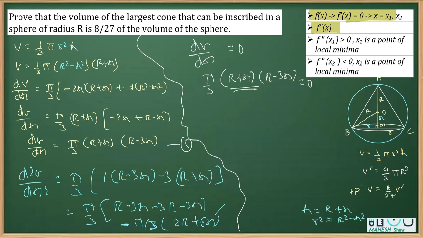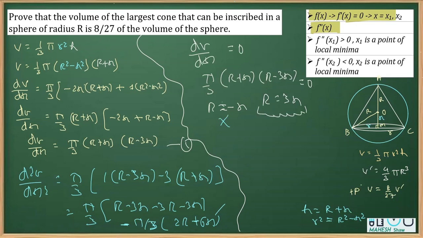Equating this with 0, we get R is equal to minus x. Clearly, this value should be discarded as we cannot have dimensions as negative. But when we equate the other factor with 0, I get R is equal to 3x.